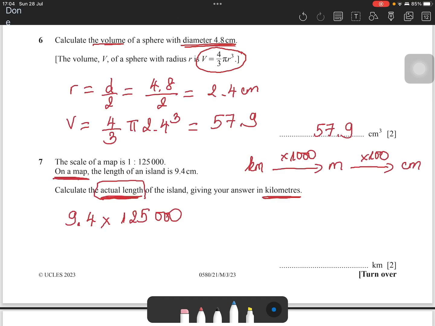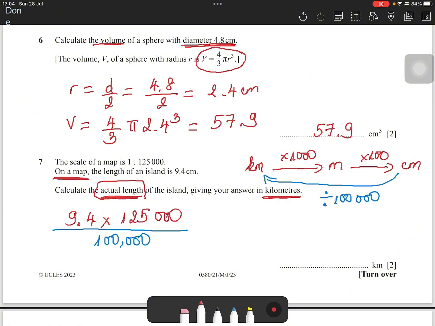So to convert from centimeters to kilometers, we need to divide it by 100,000. So after I multiply this, I also need to divide it by 100,000. And the answer for this is 11.75 kilometers.